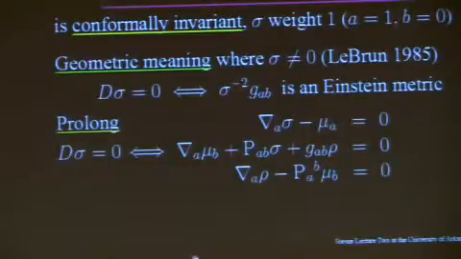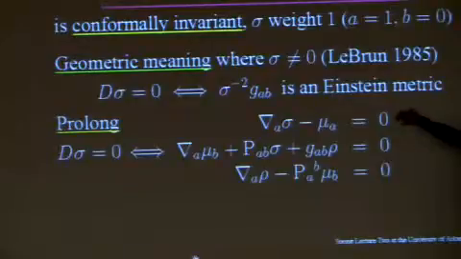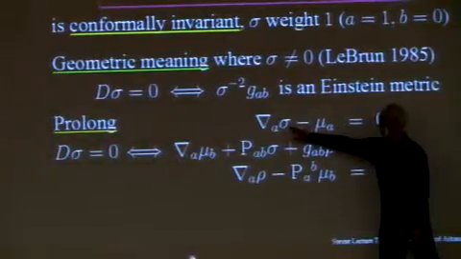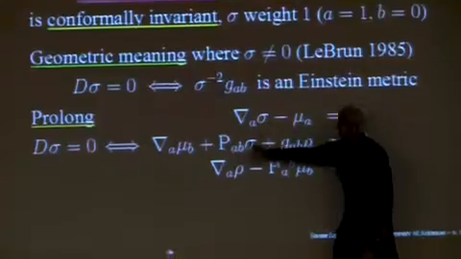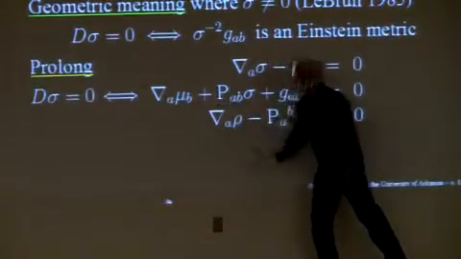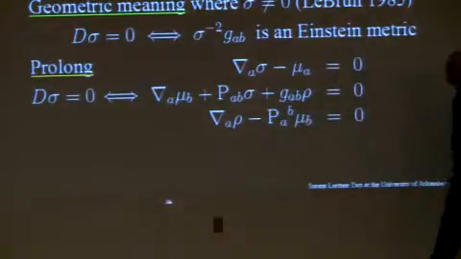Now, one of the good ways of thinking of these closed systems, which I was talking about last time, is that this is actually a formula for a connection on a big bundle. Right? The big bundle consists of groups of tensors. It consists of a scalar called sigma, a vector or one form called mu, and another scalar called rho.